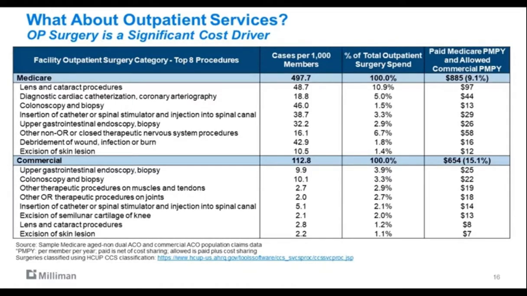Whether someone has the appetite to reduce that is another question. Here, just show a distribution of the procedures, the CCS categorization of procedures that drive the Medicare lens and cataract procedures. So, I mean, are we really going to reduce cataract procedures? That's probably not something to go after.